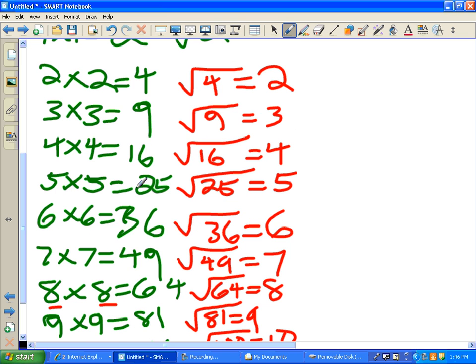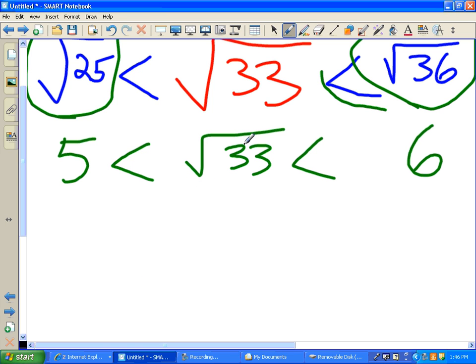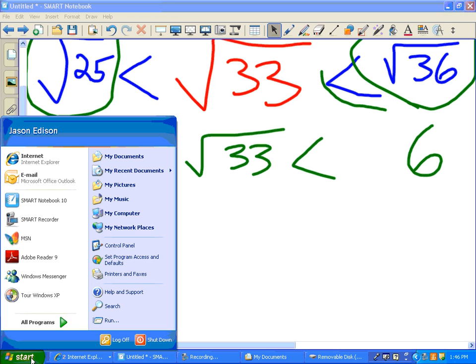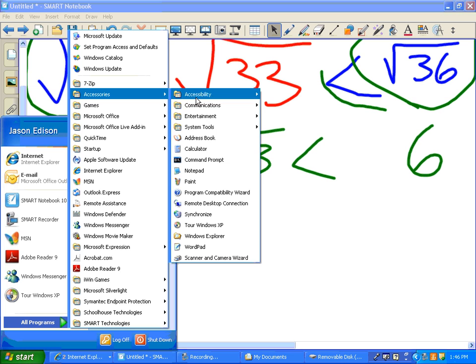Well, what times what is 36? And the answer is 6. So now we know that root 33 is going to be somewhere between 5 and 6. And the only real way to work that out then is using a calculator.